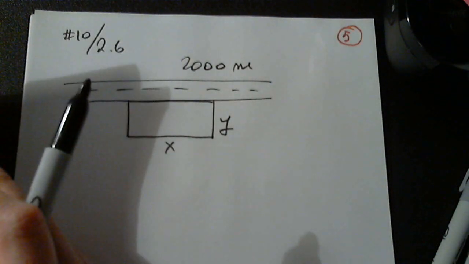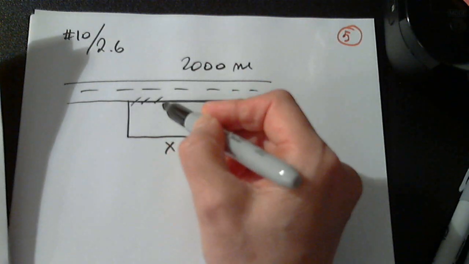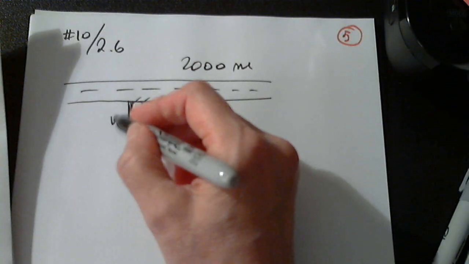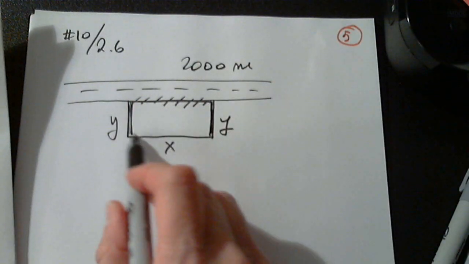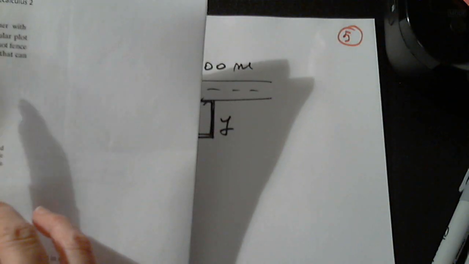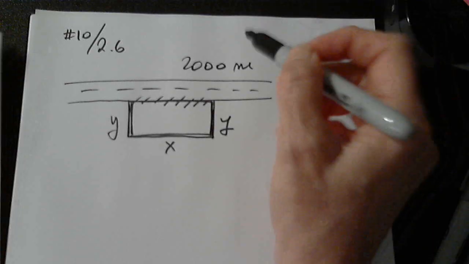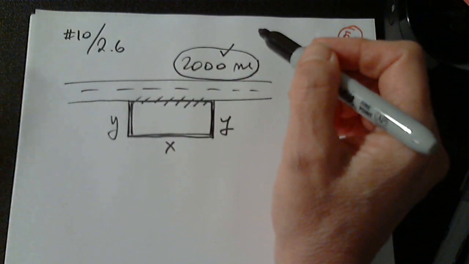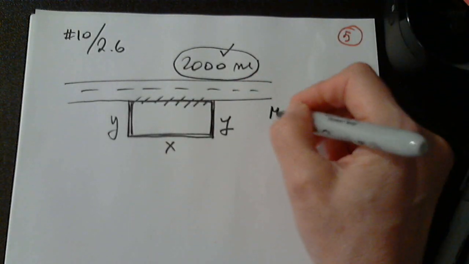If the farmer does not fence this side, but he only fences this, which is Y, and this, which is Y, and this, which is X. What is the largest area that can be enclosed having this restriction? He only has 2,000. And we want to find the maximum area.